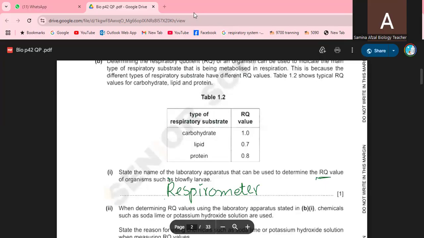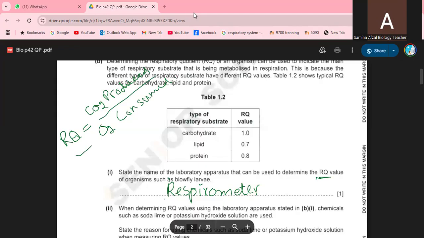So the RQ value, the respiratory quotient, is equal to carbon dioxide produced divided by oxygen consumed.